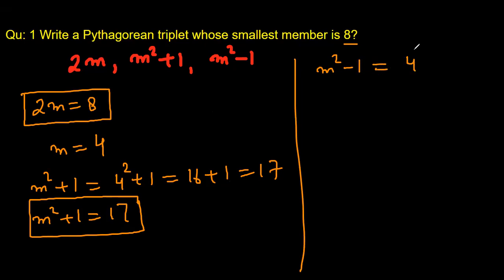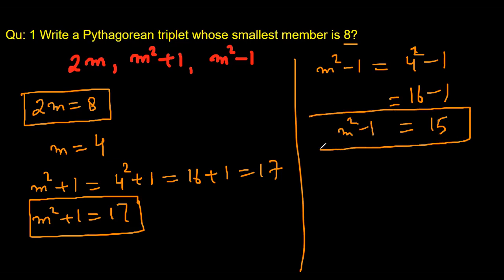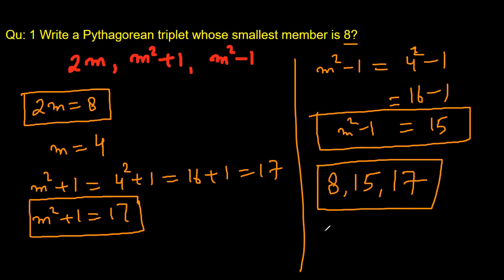That would be 4 squared minus 1, 16 minus 1, which is 15. So we have got a Pythagorean triplet whose three members are 8, 15, and 17.